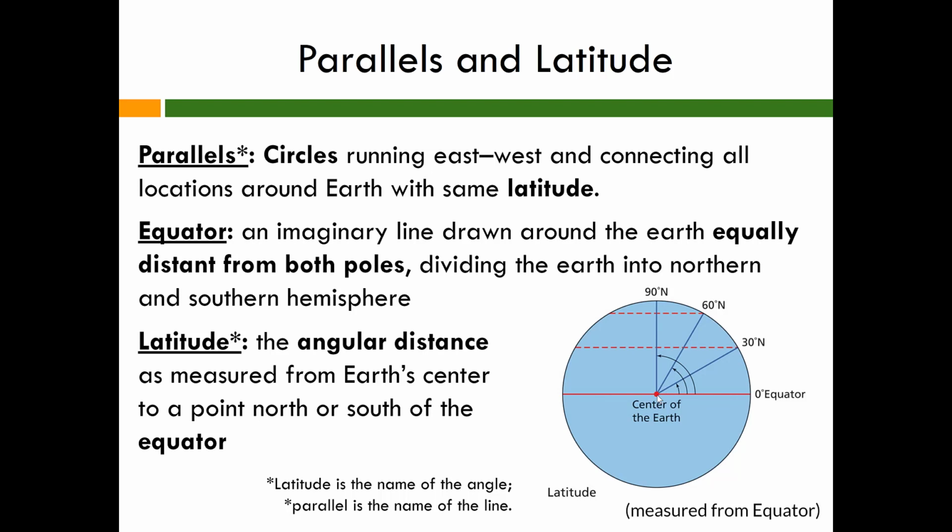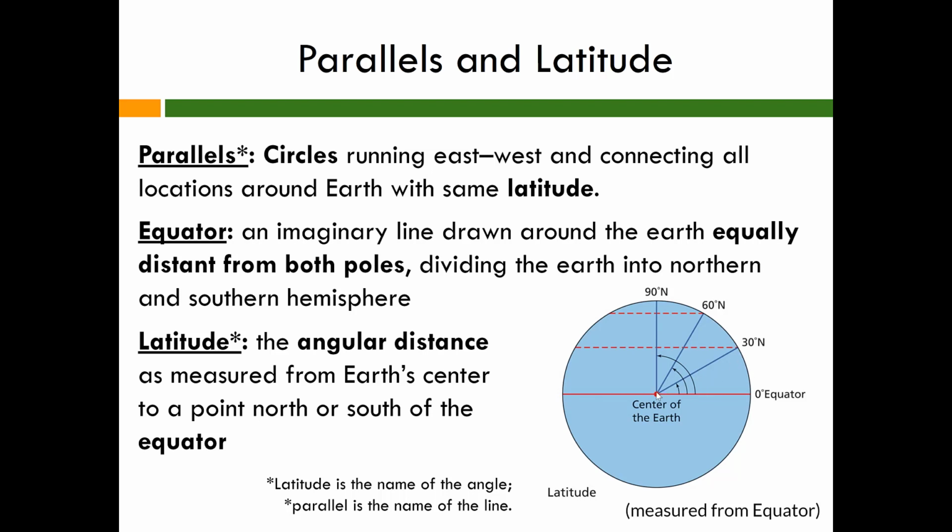It's the longest parallel, dividing the Earth into the northern hemisphere and southern hemisphere. Then what is latitude? Latitude is your parallel, for example, this 30 degrees north. How far is it from the equator? We are not using distance. We use this angle.